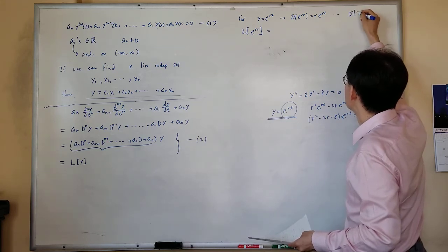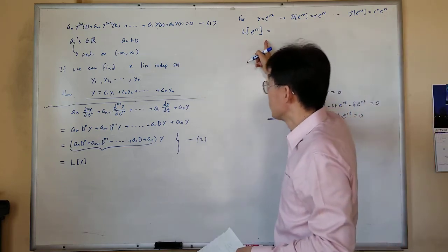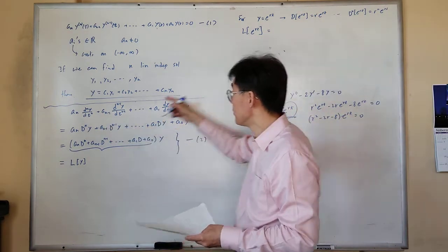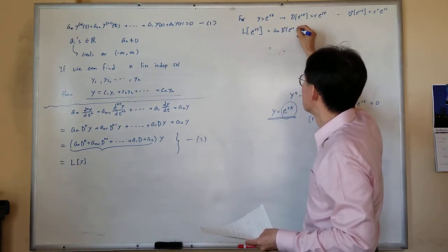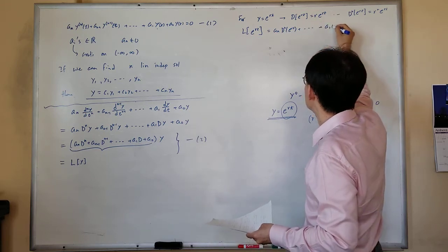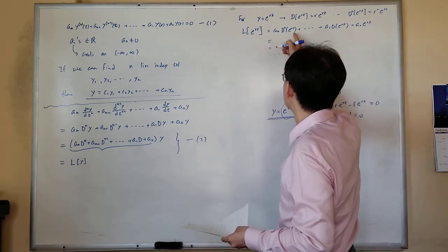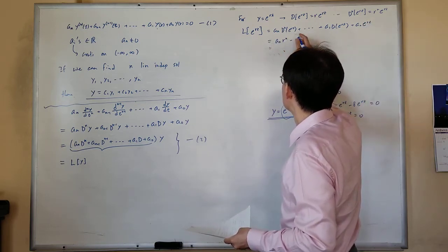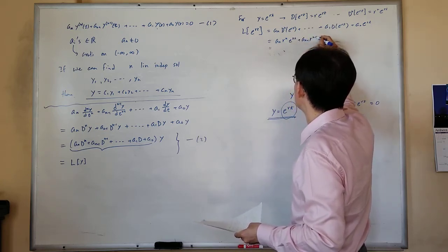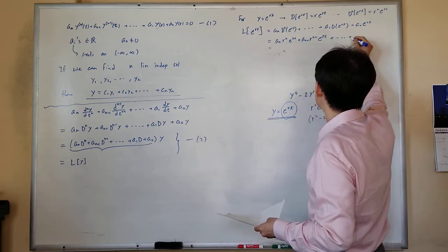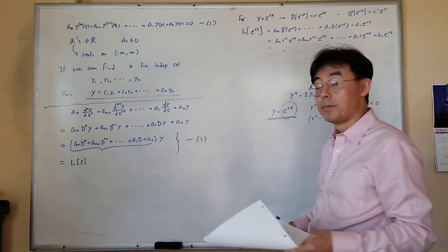The nth order derivative of e to the rt is r to the n times e to the rt. So plug in here, what do you get? a_n r to the n e to the rt, plus a_(n-1) r to the (n-1) e to the rt, and so on.